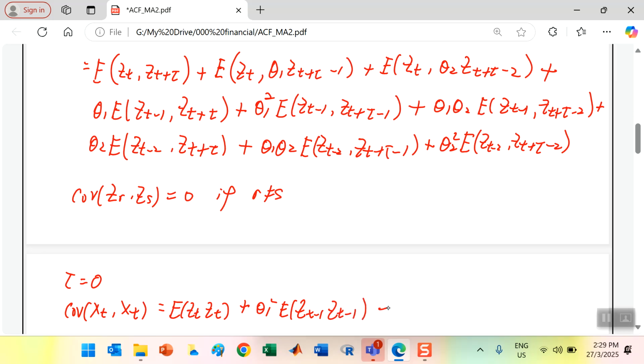Then you have t minus 1, t minus 2, t minus 2, t minus 2, and t minus 1. So this one also theta 2 square e of zt minus 2 zt.